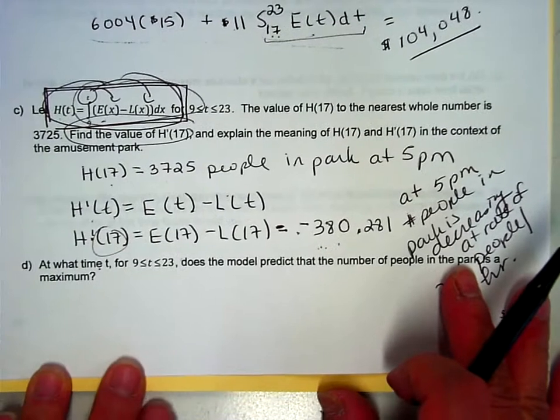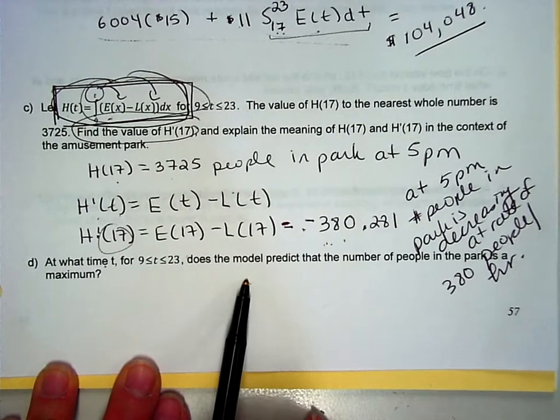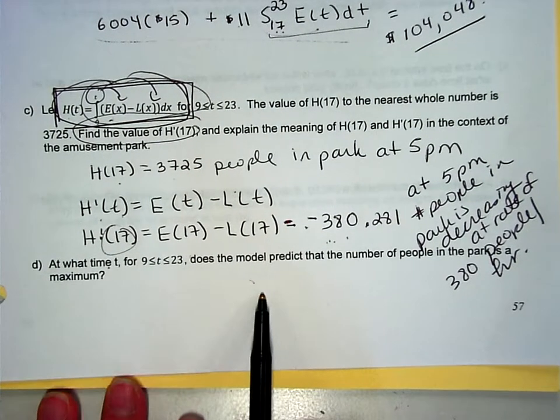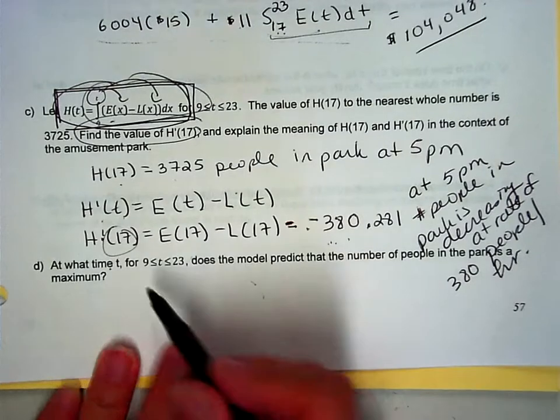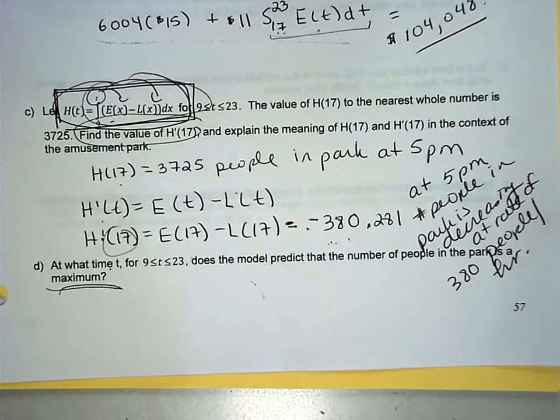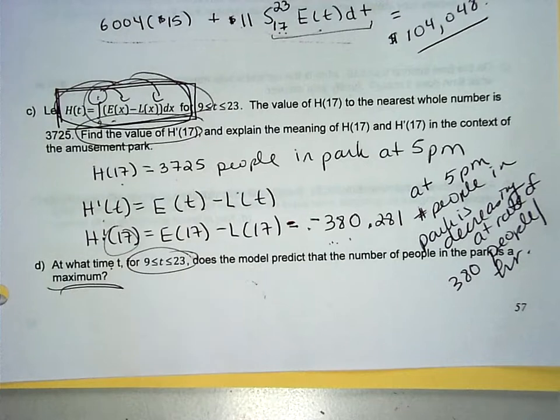Okay. Lastly, at what time does the model predict that the number of people in the park is a maximum? As soon as you hear the word maximum, you should be thinking, okay, my only possibilities are my endpoints, which are 9 and 23, and any critical numbers.